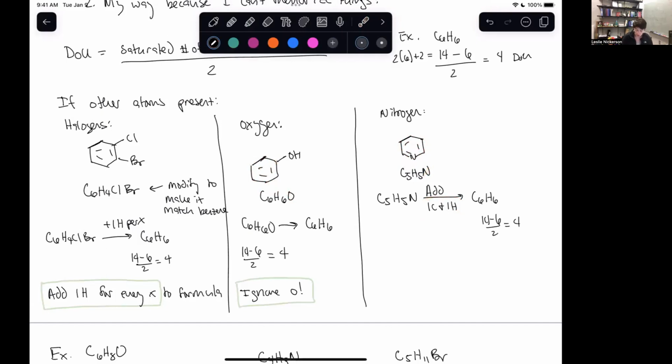Okay, so if you've got anything with a nitrogen in it, you're going to add 1 carbon and 1 hydrogen for each nitrogen.